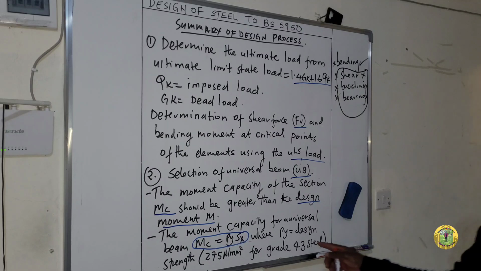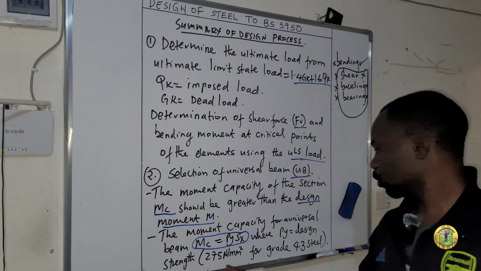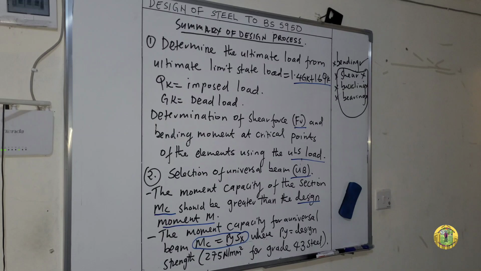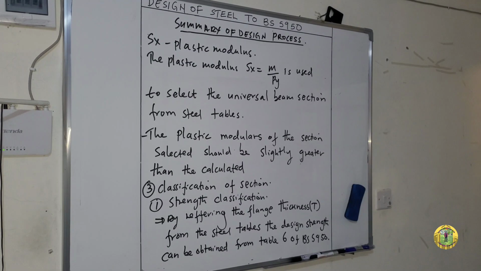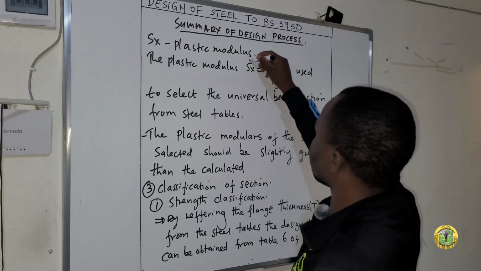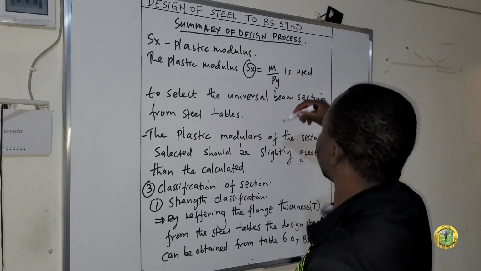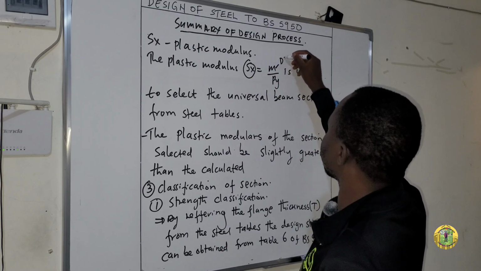Whereby Py is equal to the design strength, which is 275 Newton per millimeter square for grade 43 steel. Sx is the plastic modulus, given by M over Py, where M is the design moment.